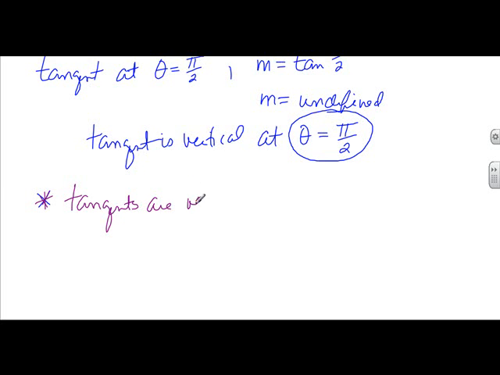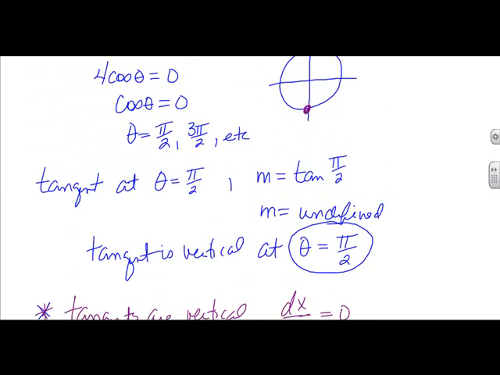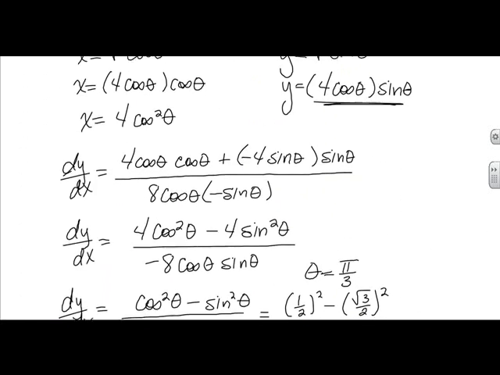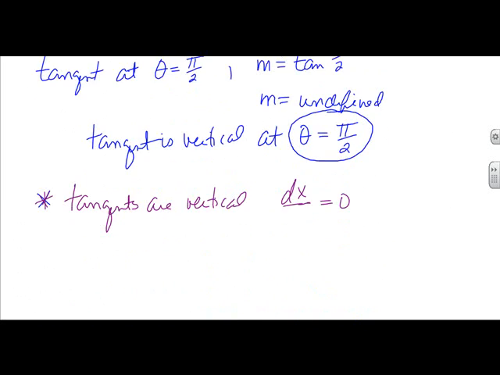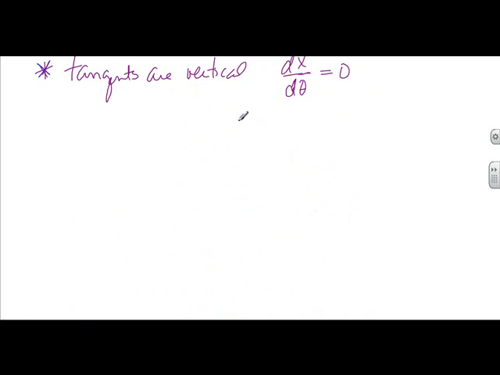So that's going to be when the rate of change of x with respect to theta, dx over d theta, is equal to 0. With our example, the denominator, the bottom part of our fraction for the slope of a tangent, was negative 2 cosine theta sine theta.